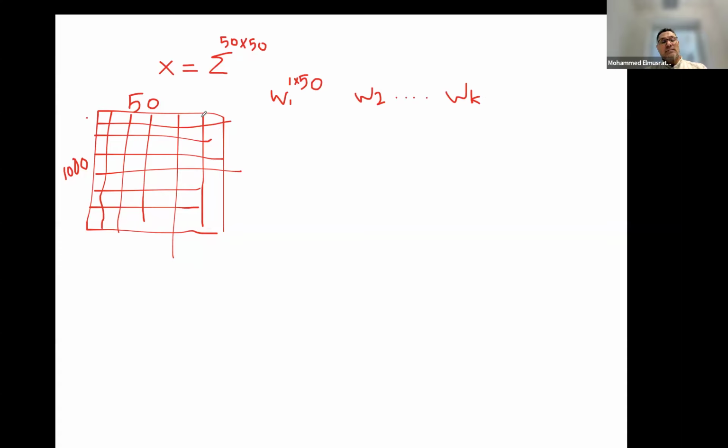We have 50. So 50 by 1 times 1 by 50. If you multiply each patient with this weight, out of 50 we get one number. So after this vector multiplication, I get only one number. This one vector will have 1000 elements, but it will be only one component, one feature.